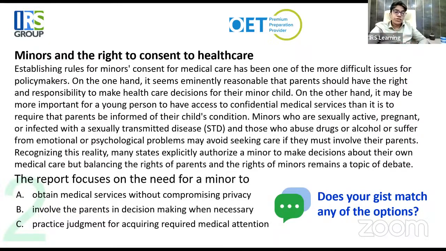So the report focuses on the need for a minor to. So it's focusing on what a minor needs.